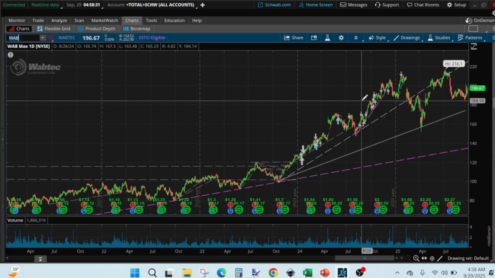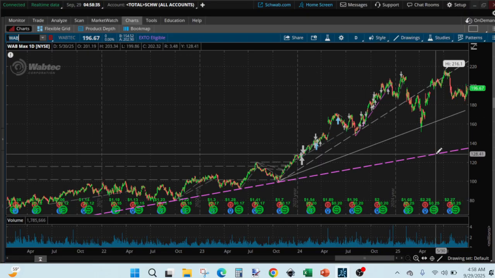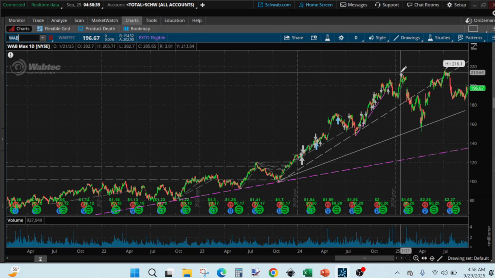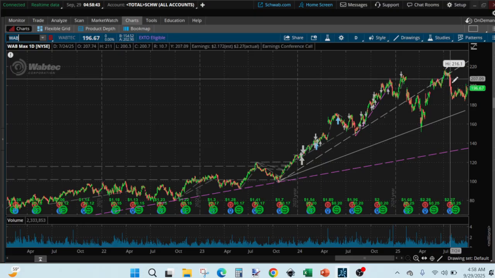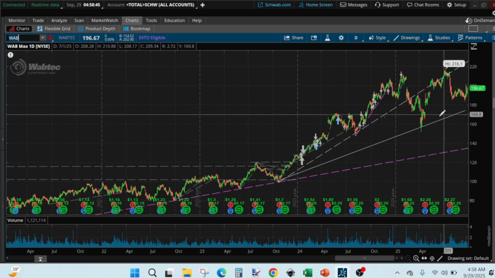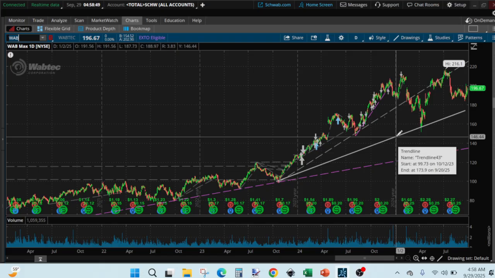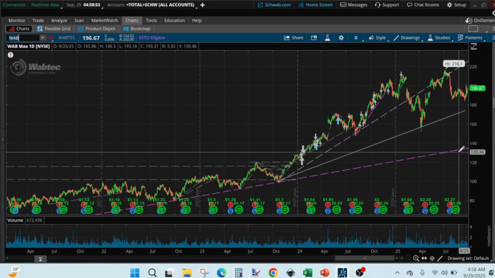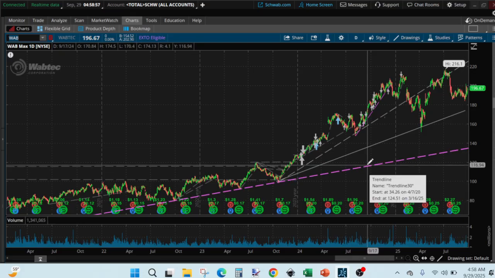So WAB, okay, we like to buy at this trend line here. We colored it in purple, but when it pulled back, it touched base with this one and went back up, pulled back and started going up. So I don't know if this is the value line it likes to rest on, but I still prefer to wait until it comes down to this one.